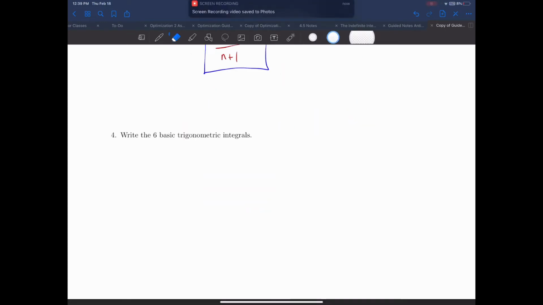today. So for number 4, write the 6 basic trig integrals. I'm going to write these as integrals first, and then we'll talk about the antiderivative. If we have the integral of cosine x dx, this is called an integral.